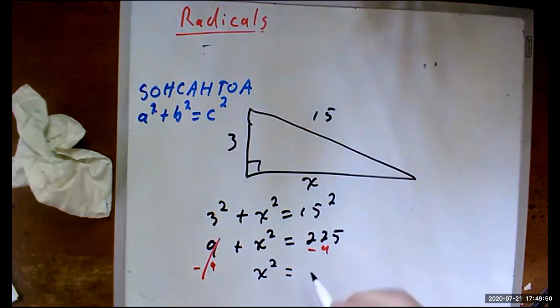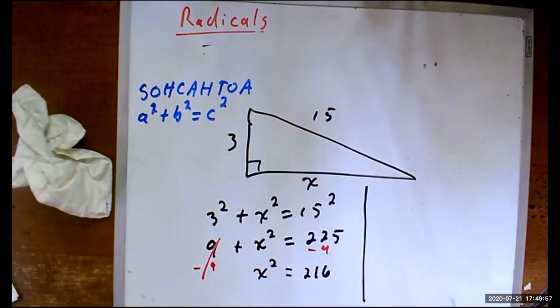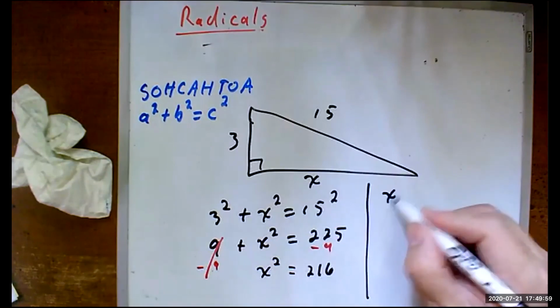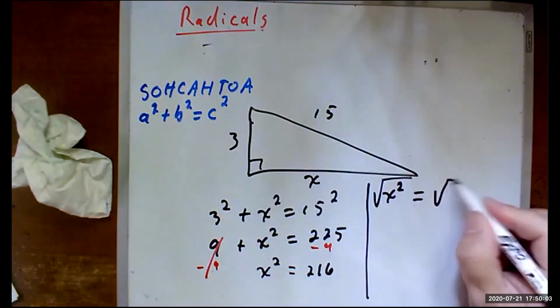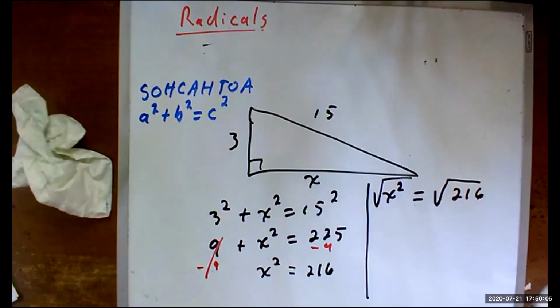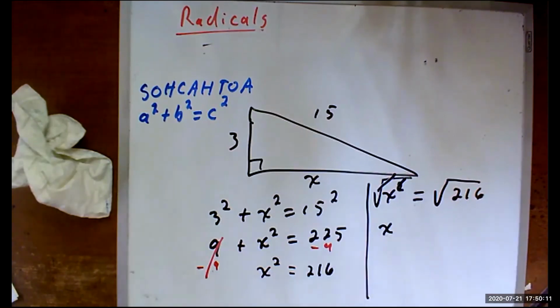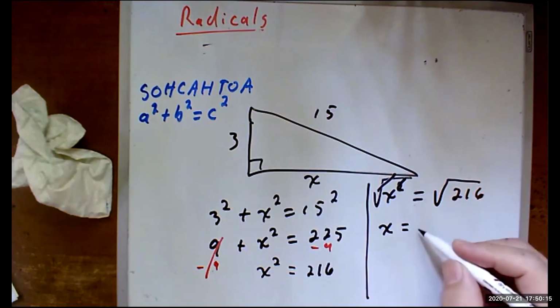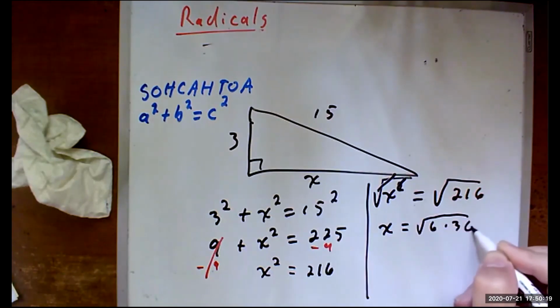X squared, sorry, we'll just do this really quickly, minus 9 is equal to 216. Now we can actually take care of this properly. So now I'm going to take the square root of my x squared, take that away, and I then need the square root of 216.